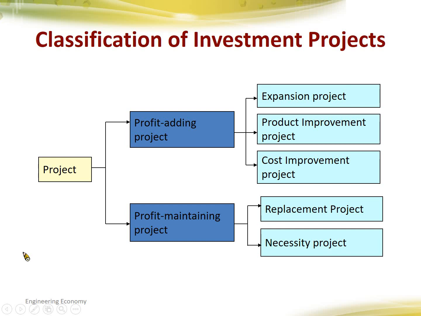It doesn't necessarily generate new profit. So there are replacement projects and necessity projects, which we just need to have. For example, lighting. It doesn't generate additional profit, but we cannot do without lighting.